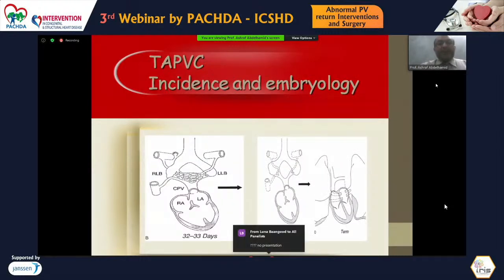To go through this important topic, we will go through the most important points and the surgical challenges we have in anomalous pulmonary veins. First of all is the total anomalous pulmonary venous connection.